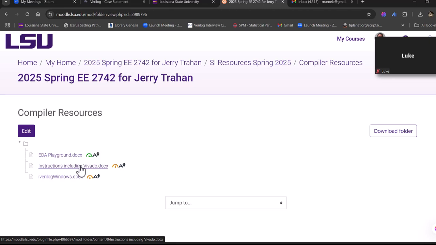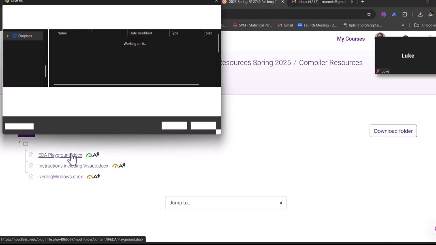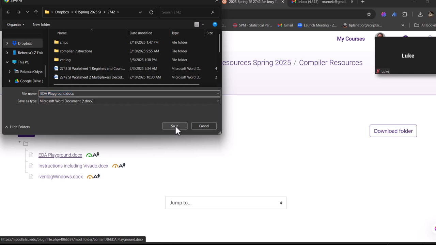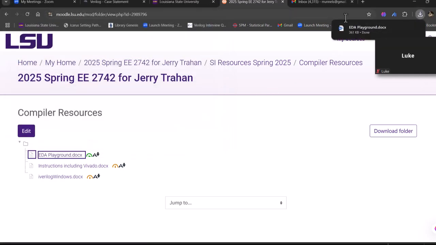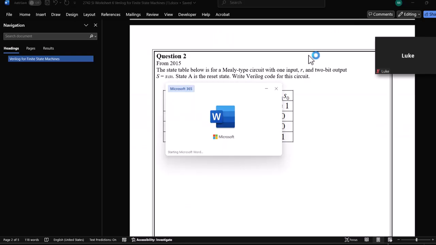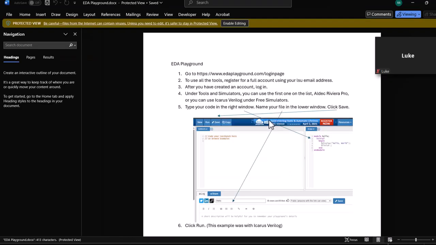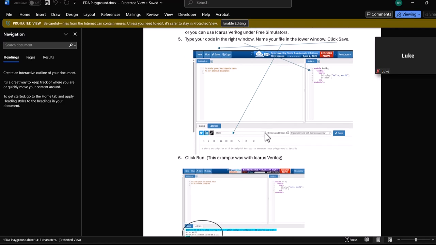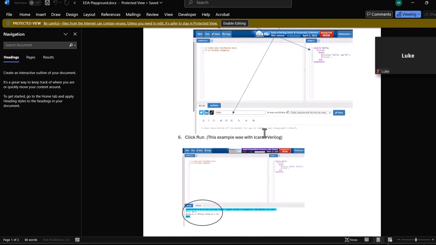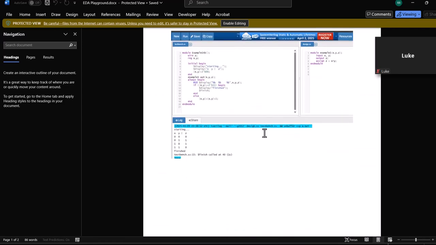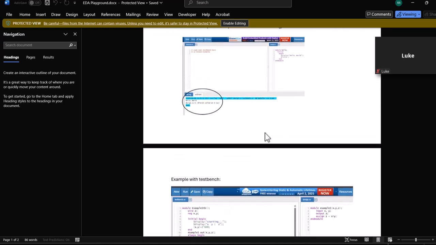These are the instructions about how to download Vivado, and other stuff in there. I also have instructions on how to use EDA Playground, which is an online compiler where you can put your code in and test it with a test bench. I give an example of how to use it, and then an example with a test bench so you can see how it works.